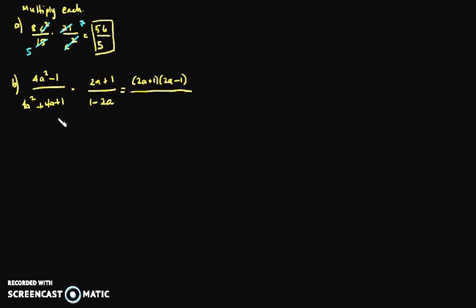Also, the denominator can be factored. What is the factor of 4a squared plus 4a plus 1? I'm looking for factors of 4 and 1 that give me the sum of 4a. So that is 2 and 2.